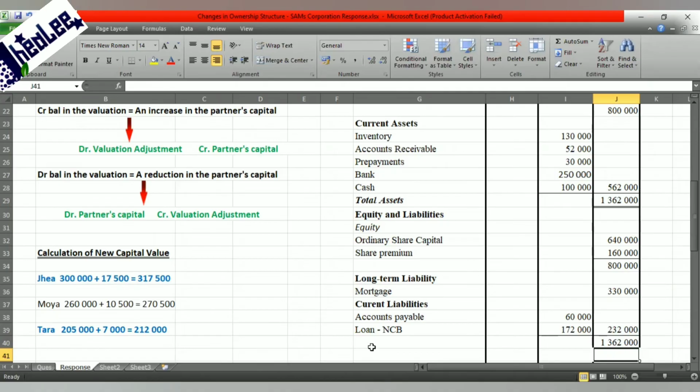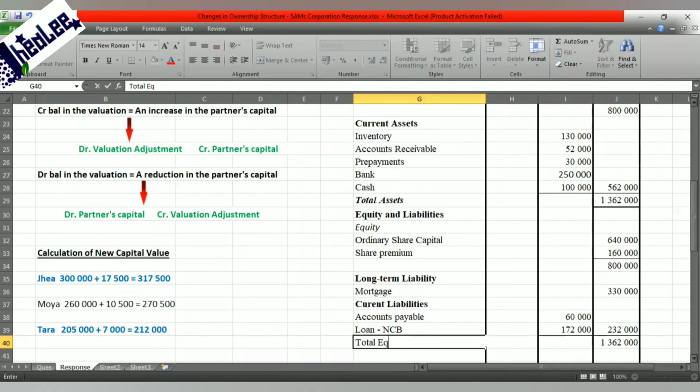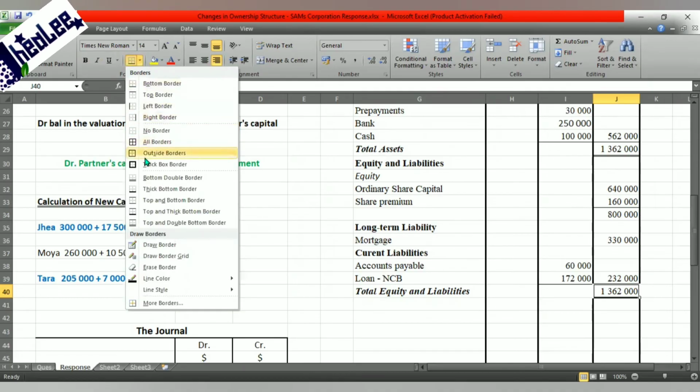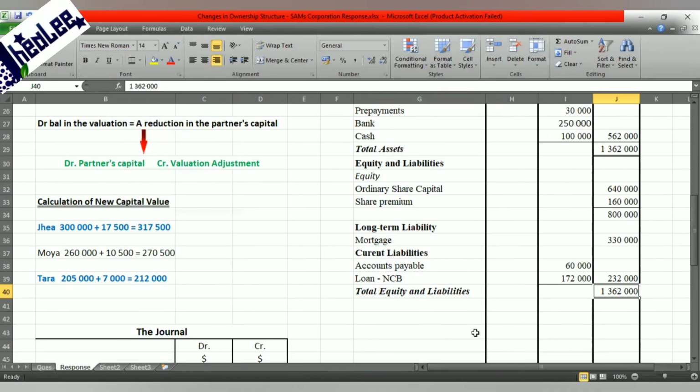And this is referred to as our total equity and liabilities. And once your total equity and liabilities match your total assets, we can safely say that the conversion was successful because our balance sheet is balanced.